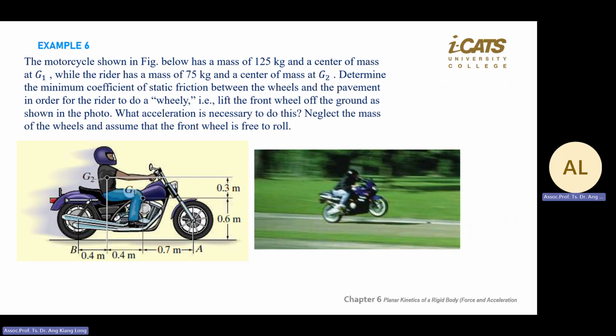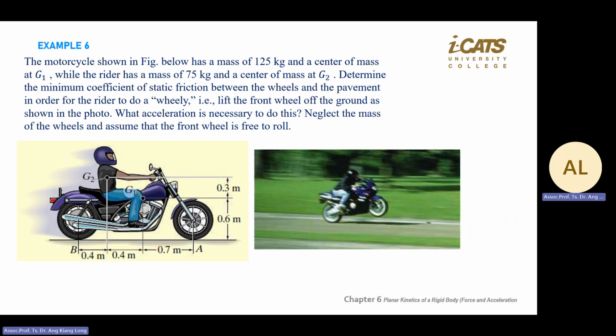And there's no engine mentioned, so there's no forward thrust. So you only have W pointing down and the contact force. And you know that every time there's a contact force, there is a friction force. All contacts have friction force, because friction you need to find.